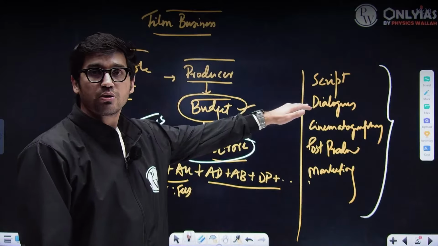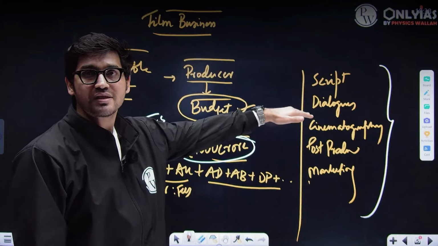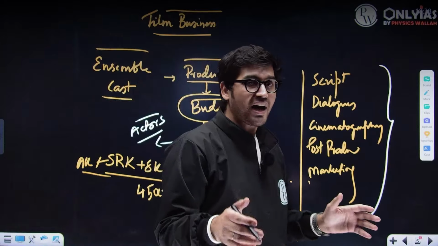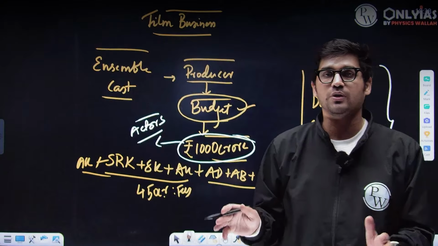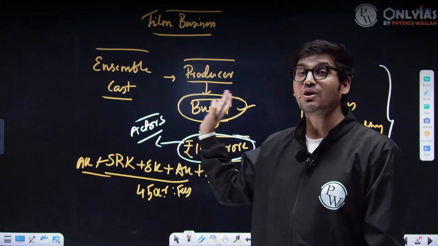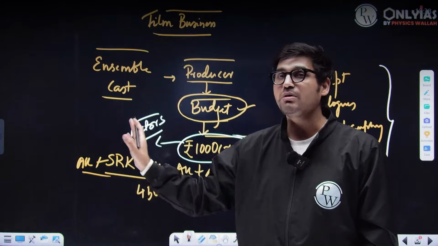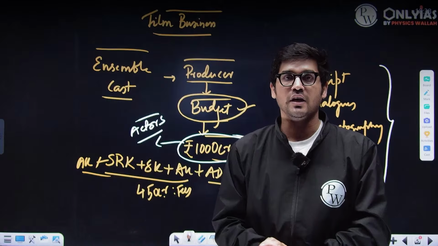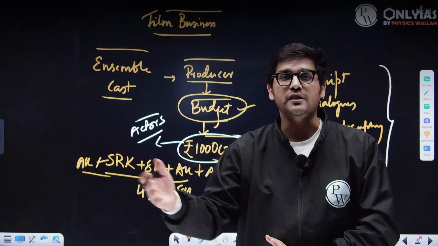How much money should go to the scriptwriter? How much money should go towards dialogues? How much money should go towards cinematography, post-production, marketing, music, so on and so forth? The producer will be forced to make a choice. The producer does not have unlimited resources to be making this kind of expenditure, which is why he has been forced to make a choice. Economics is the study of these choices.